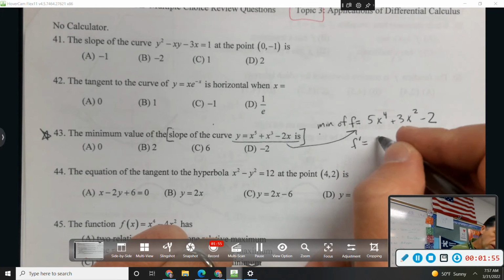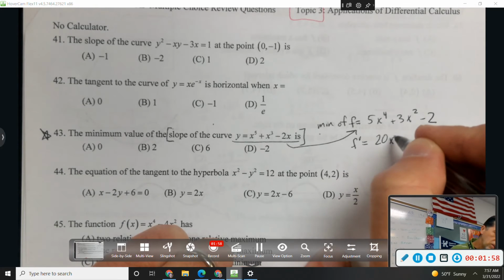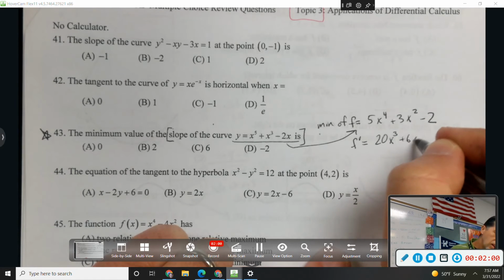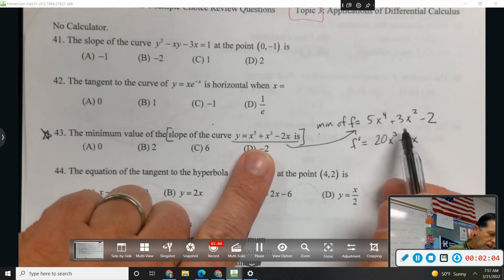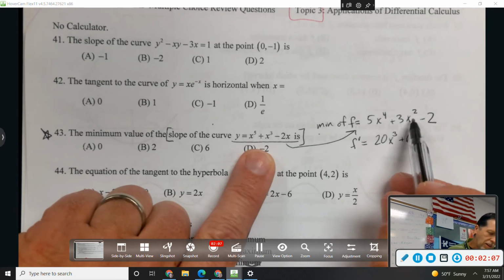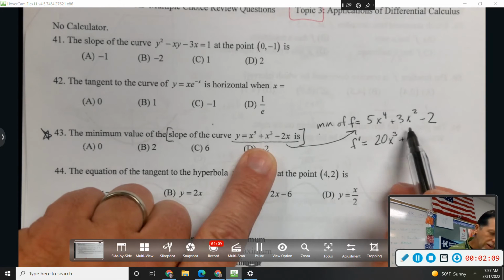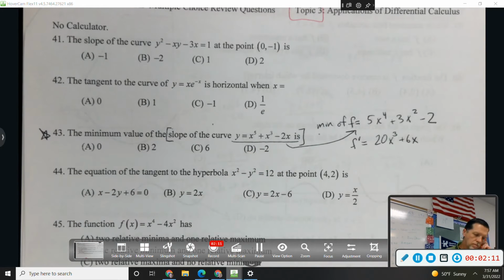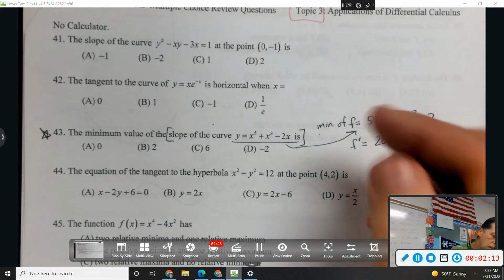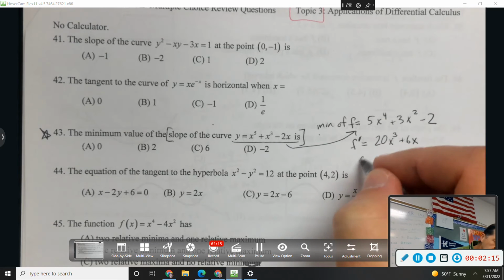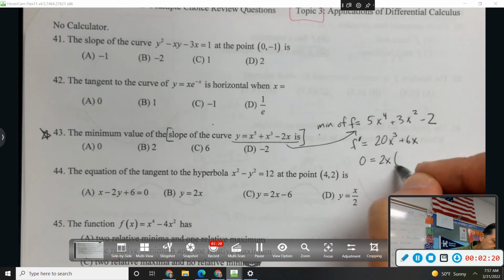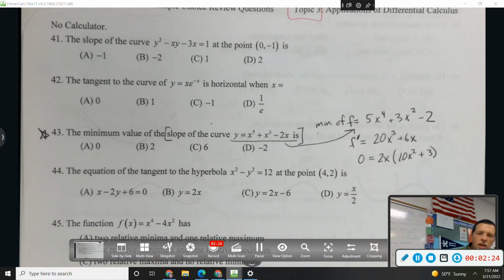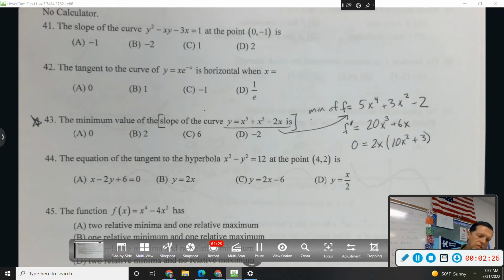So f prime is 20x cubed plus 6x. And this is no calculator, so I'm hoping the value should work out here. Alright, so if I set that equal to 0, I can factor out a 2x, 10x squared plus 3.